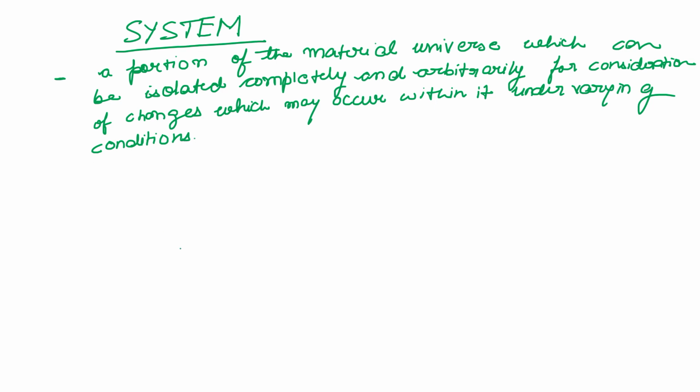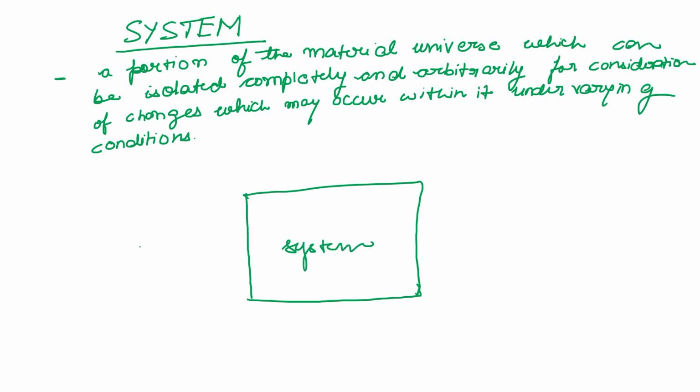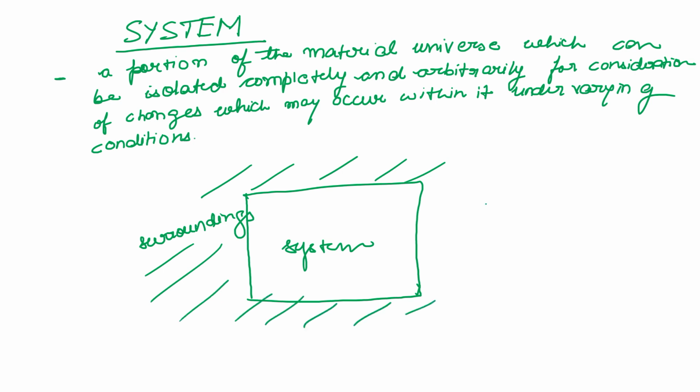So in thermodynamics, what we'll be having is a system and a surroundings. Anything that's not a part of the system will be considered as the surroundings, and the system is the part which is under study, and that is how we isolate that part of the universe and study it.